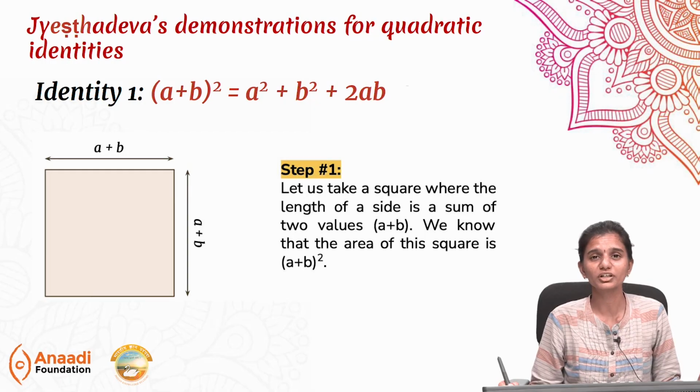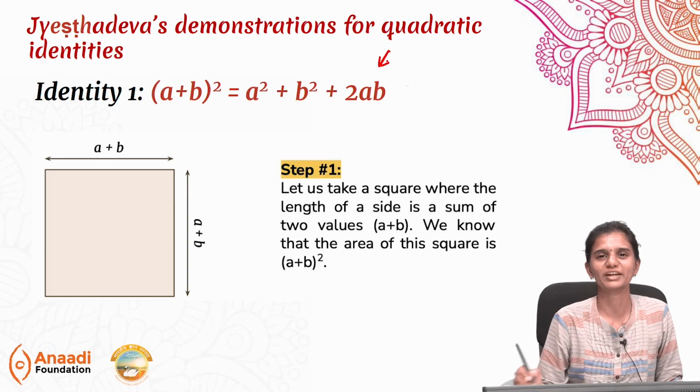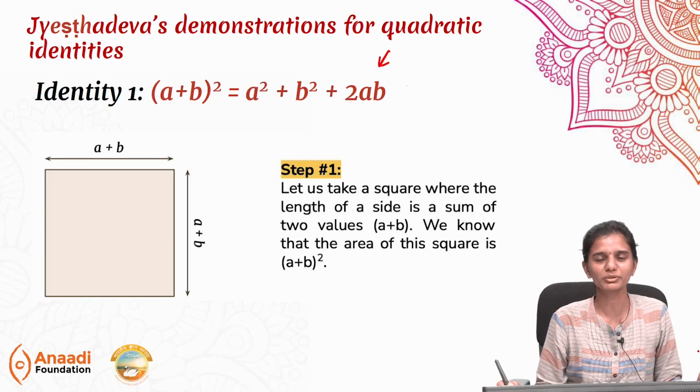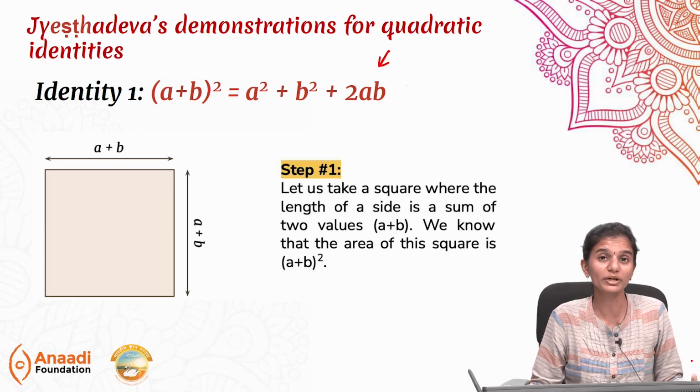Now, when you hear the word algebra, this equation pops into your mind, right? (a plus b) the whole square is equal to a square plus b square plus 2ab. This is a well known and common formula that all of us know. Jyeshtha in his work has given a geometric demonstration to prove this equation. Let us see how.